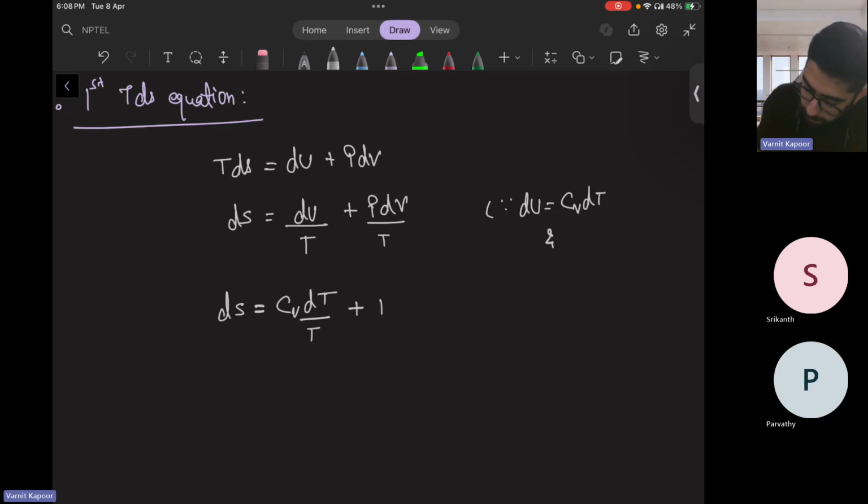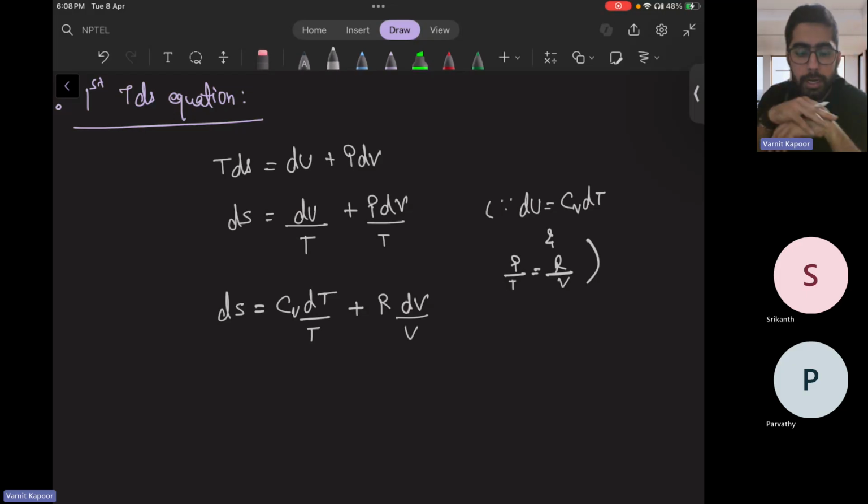From the gas law, P by T is equal to R by V. So this can be written as R by V dV. If you observe here, entropy is a function of temperature as well as volume.